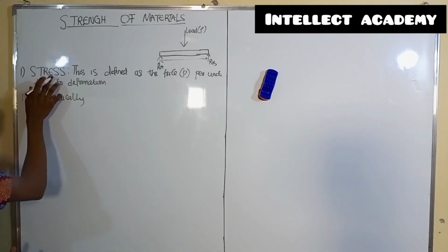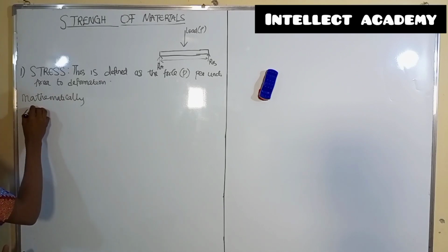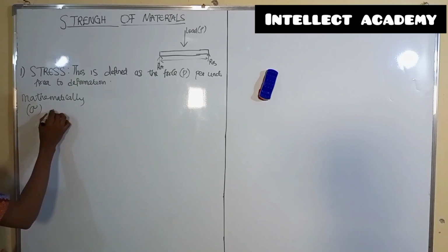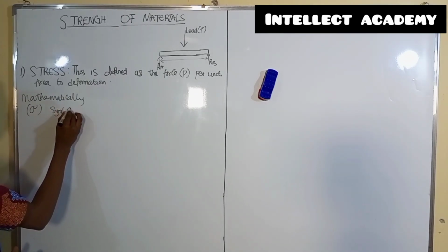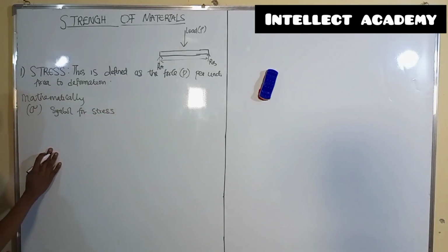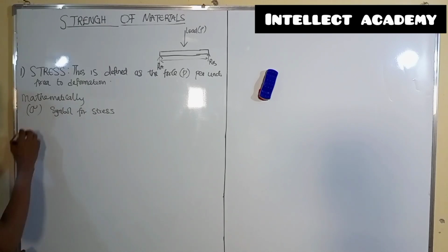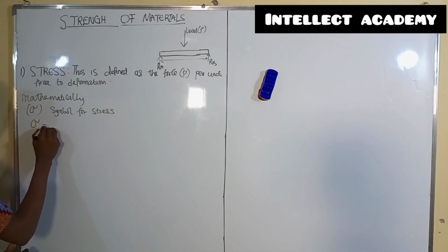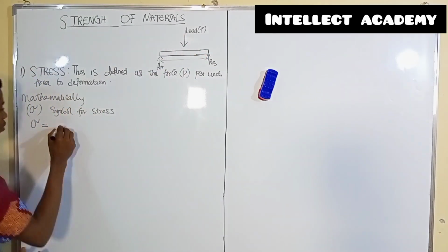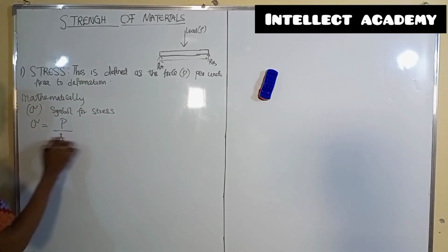take note that the stress symbol is this symbol. This signifies the symbol for stress. So stress is given by this symbol. So mathematically, we can say that the stress is equal to the force, which in this case is P, or the load, P over the area here.